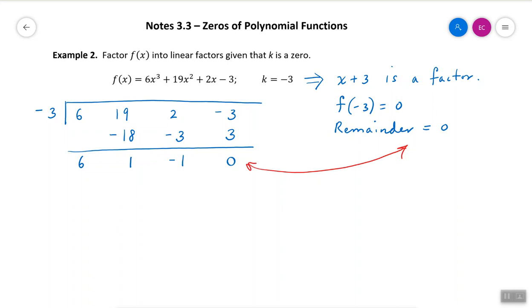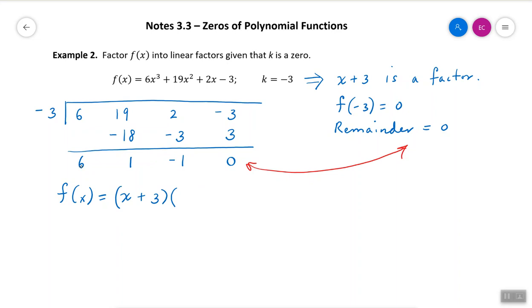Okay, and then the division algorithm tells us how to write out f of x. So f of x is equal to x minus k, which would be x minus negative 3 or x plus 3, times q of x.